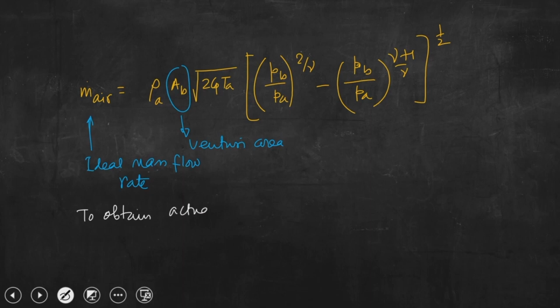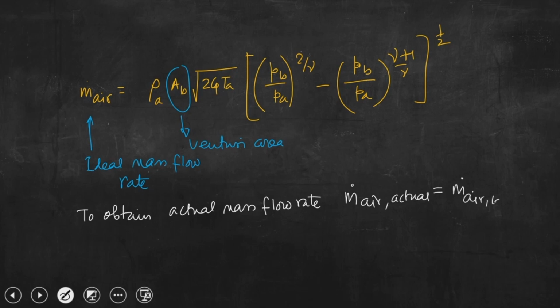So, to obtain the actual mass flow rate, that is m dot air actual equal to m dot air ideal multiplied by CDA.